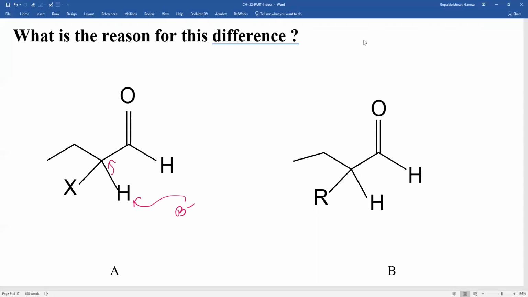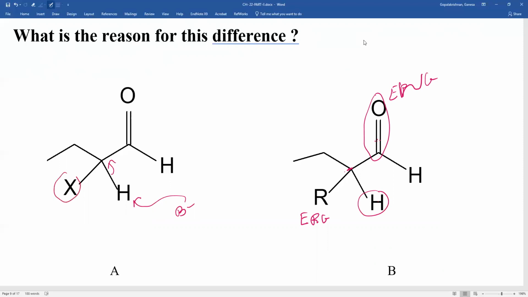But in the alkylation product, if you look at it, this is an electron releasing group. This is also an electron releasing group. No, this is an electron withdrawing group. This electron releasing group cancels part of the electron withdrawing group and makes this less acidic. So it is harder to remove it and put another alkyl group.